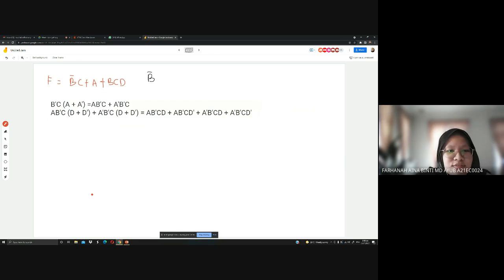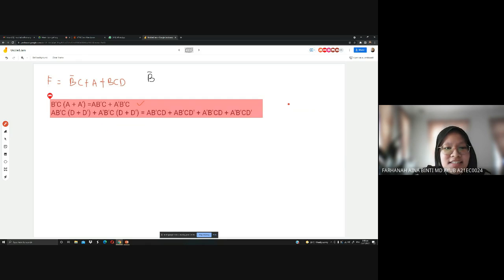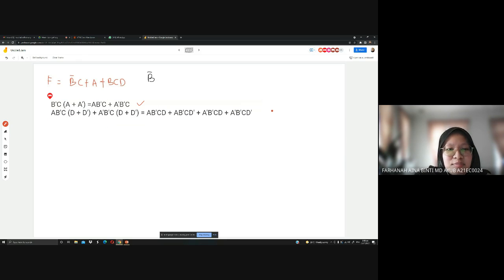Okay, so ni untuk first term B bar dengan C, dia tak ada A dengan D. So kita tambah A dulu. Dapat A B bar C. Lepas tu kita tambah D pula. Lepas tu untuk second term A ni, dia tak ada B, C, D. So kita kena tambah satu-satu lah. Okay, faham.